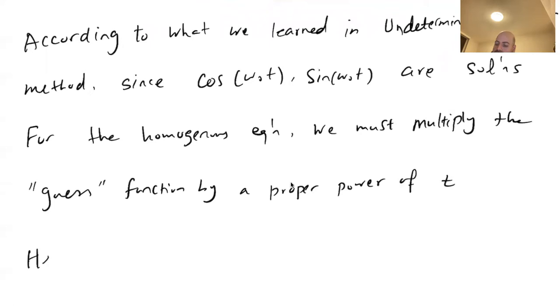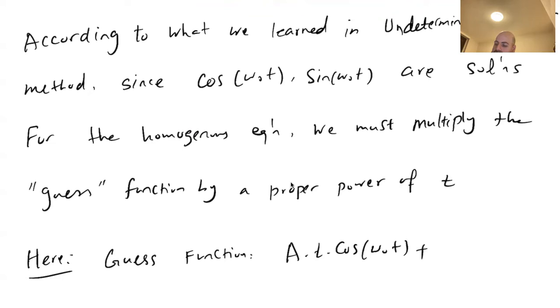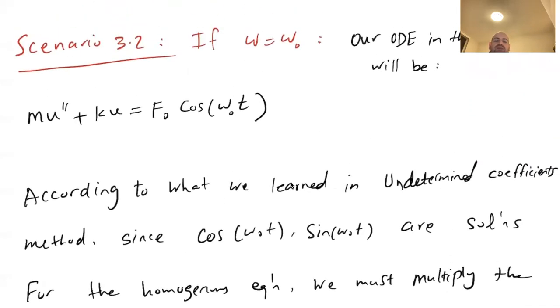So here, our guess function would be like a times t cos omega naught t plus b t sine omega naught t. Here it's enough to multiply with t itself, because then t cos omega naught t will not be a solution for the homogeneous equation anymore.